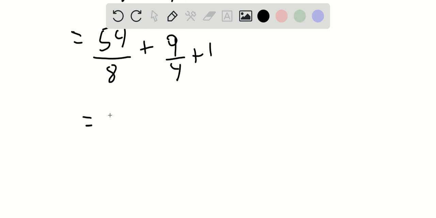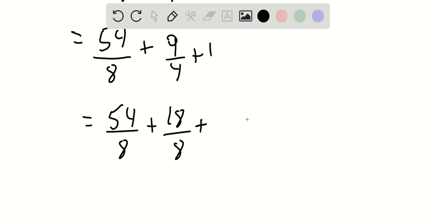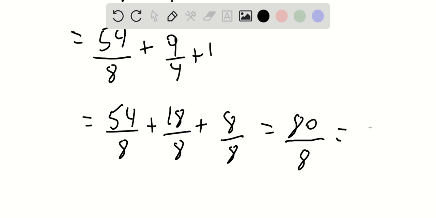So this is equal to 54/8 plus 9/4 multiplied by 2 over 2, we get 9 times 2 is 18, so plus 18/8. And then 1, of course, is 8/8, so plus 8/8. And what do we have? 54 plus 18 plus 8. That is 72, plus 8 is 80. So this is equal to 80 over 8. Oh, 80 over 8 is just equal to 10.